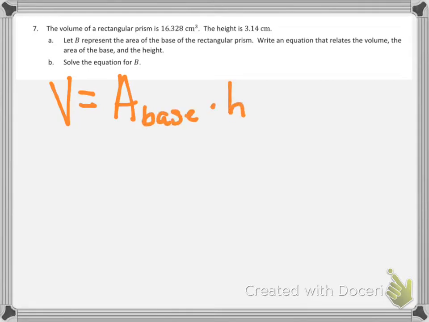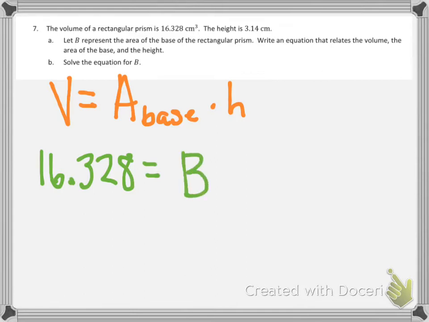And then we're just going to substitute what we know. I know that the volume is 16.328. I don't know the area of the base, so they said to represent that with a B. And I do know that the height is 3.14. So 3.14 times B.